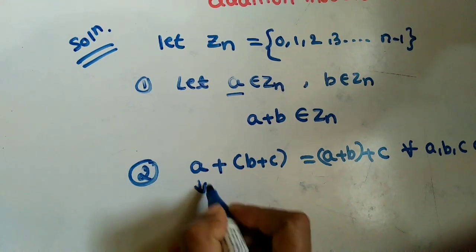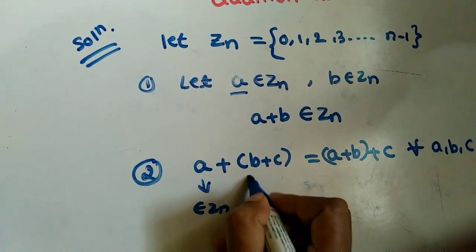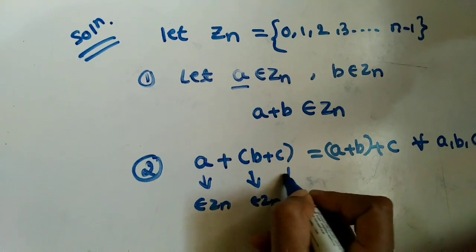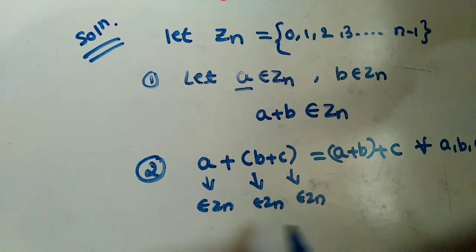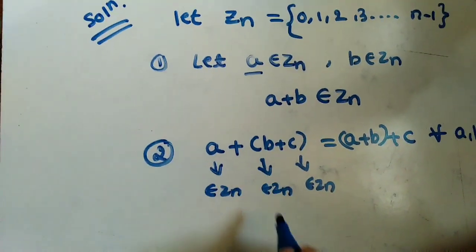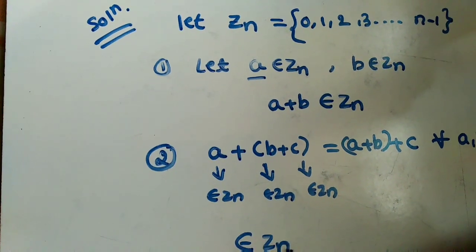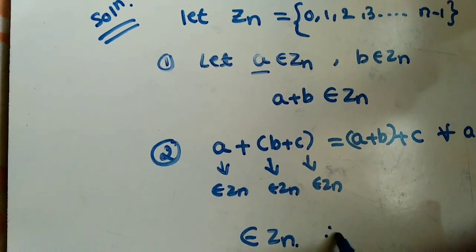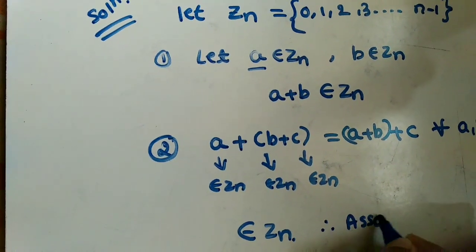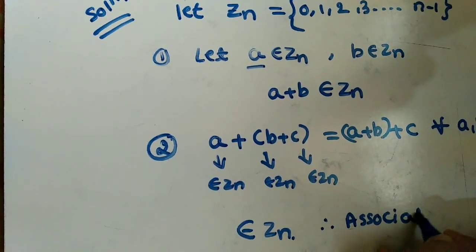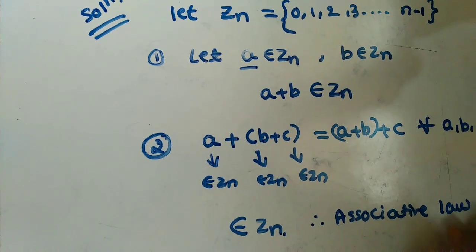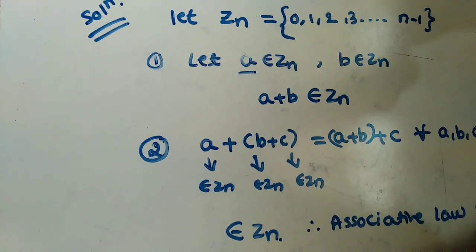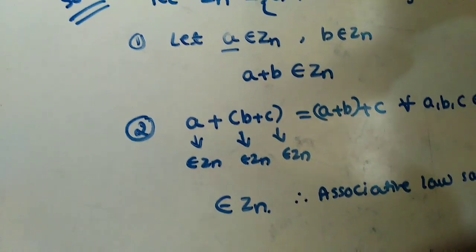If a belongs to Zn, b belongs to Zn, and c belongs to Zn, then the sum of all these 3 elements automatically belongs to Zn. Yes, of course. Therefore the associative law is also satisfied. My second law is satisfied here.